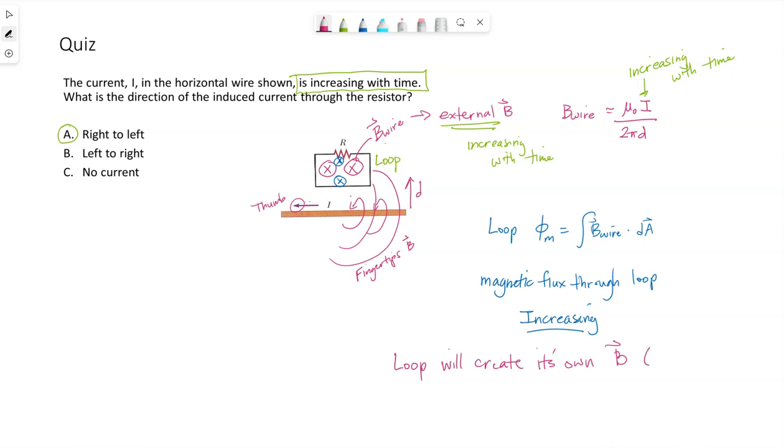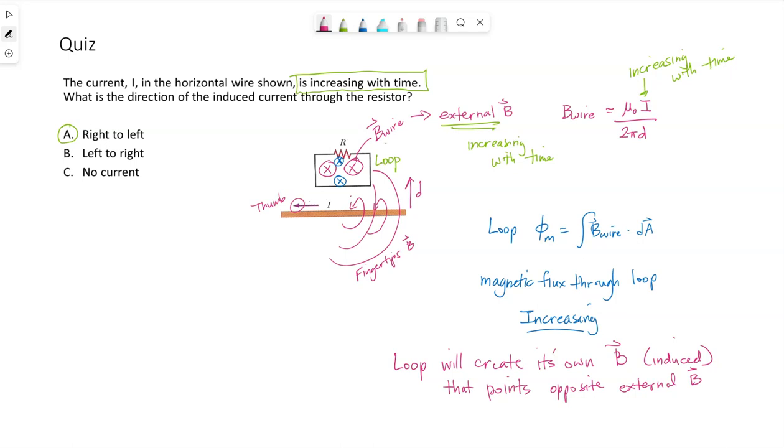We call this the B induced, that points opposite the external field.